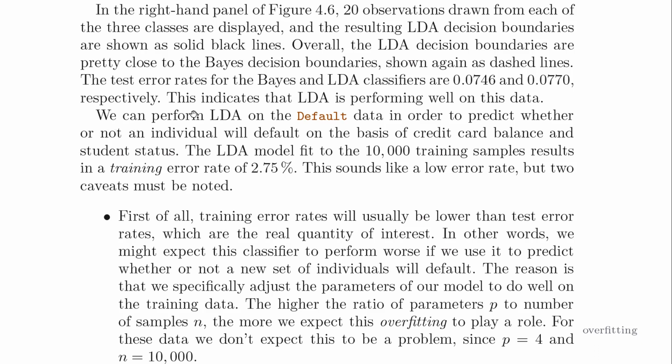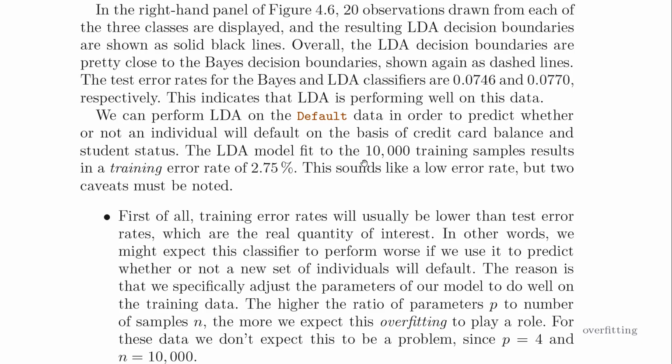We can perform LDA on the default data in order to predict whether or not an individual will default on the basis of credit card balance and student status. We may be doing this in the labs later on, possibly in this session itself.